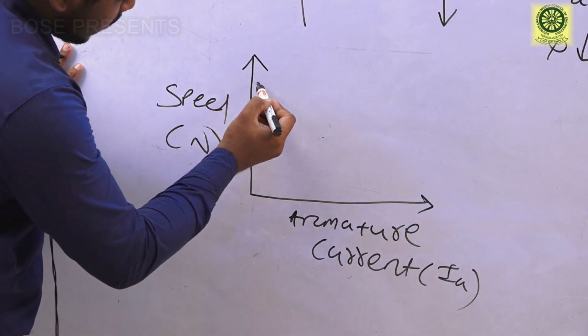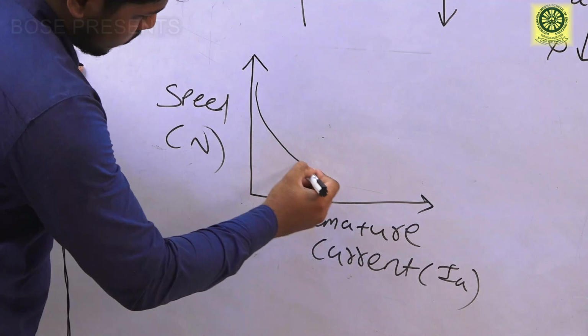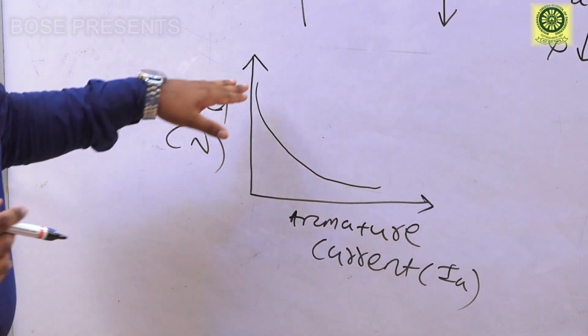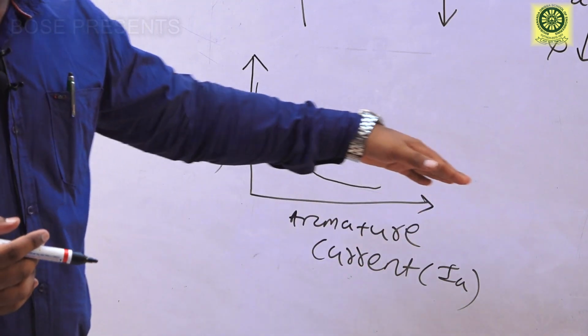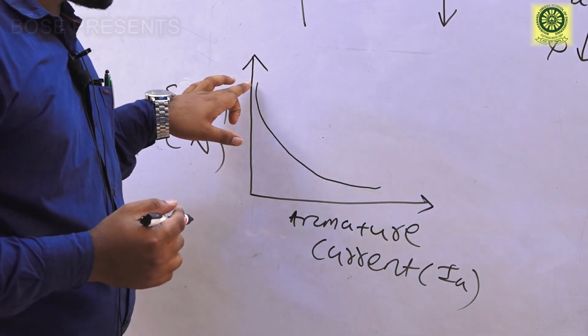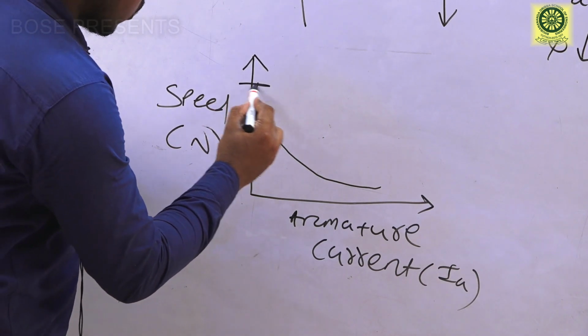So the curve goes from a high point and decreases as the armature current increases. So at starting condition the speed is very high.